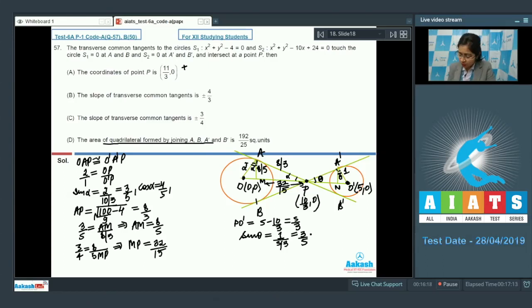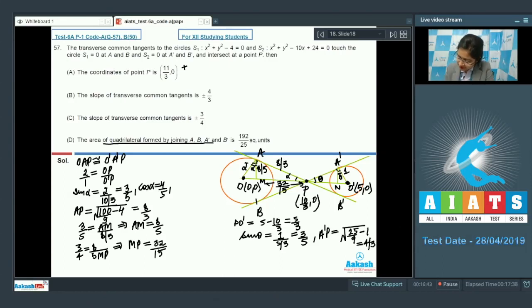So further, let's find the value of A'P. A'P will be equal to under root of PO' whole square, that is 25 upon 9, minus 1, right? So that is under root of 16 upon 9, that is 4 upon 3, right?